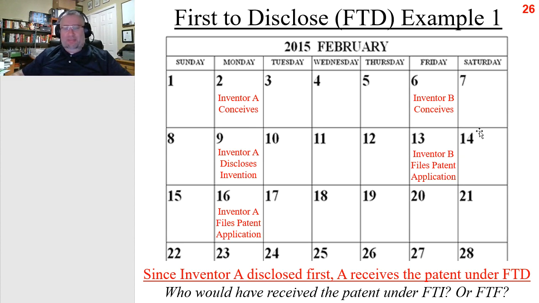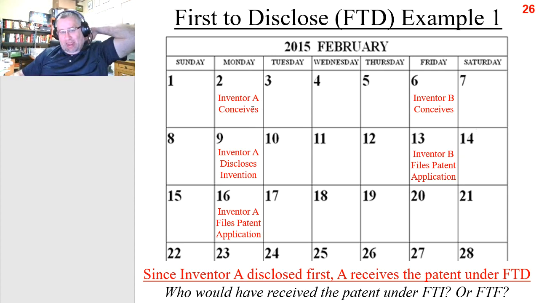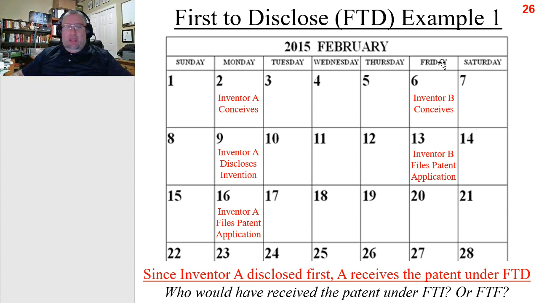Under this first example, on February 2nd, inventor A conceives of the idea. On February 6th, inventor B conceives of the idea. On the 9th, inventor A discloses the invention, so this is first public disclosure. On the 13th, inventor B files a patent with USPTO, and on the 16th, inventor A files a patent with USPTO. So, take a second to think about this.